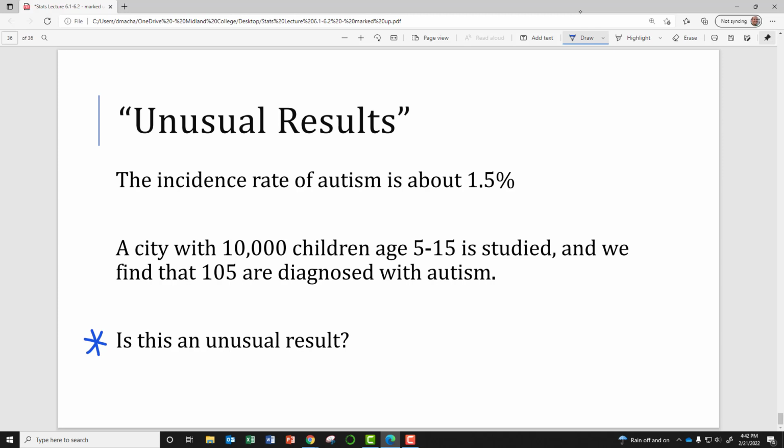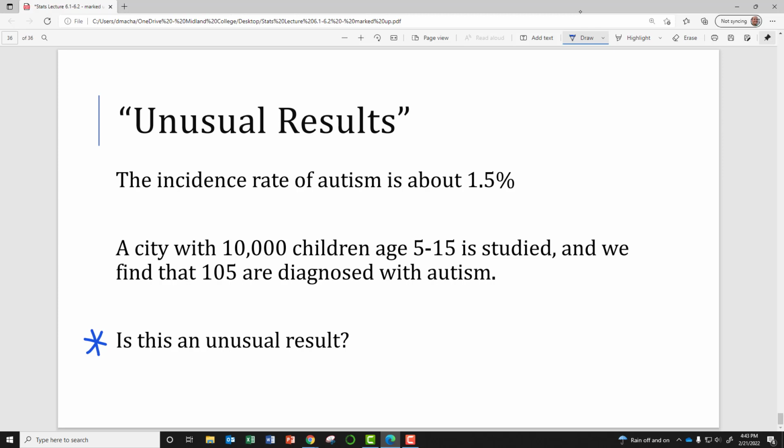And if you find an incidence rate that's much, much higher than the population at large, then I guess what that means is that there could be maybe some kind of issue going on that's actually causing additional diagnoses, or maybe the doctors in that place are using a lower standard for diagnosis, right? And so in any case, you want to find unusual results, and you want to use that to dig deeper and investigate what's happening, right?